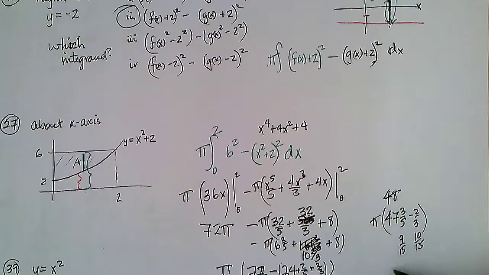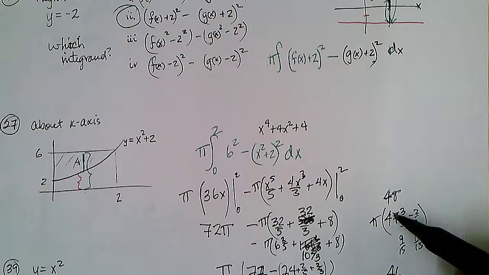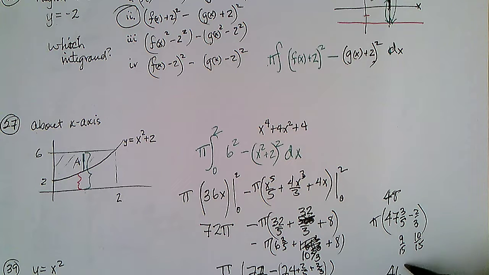So it'd be 46, this is minus a 15th. So 47 minus a 15th is 46 and 14 fifteenths pi.